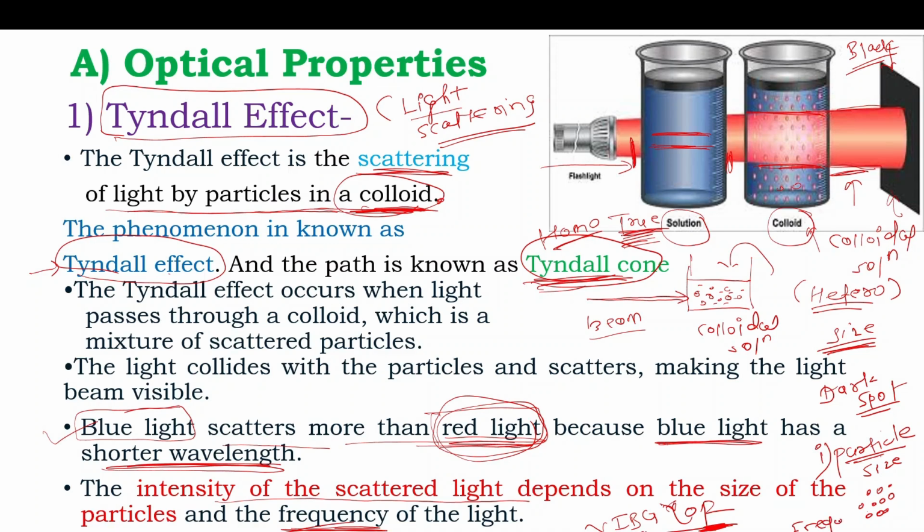When a high intensity beam is there, there is high scattering in that colloidal solution. Low intensity beam, low scattering of light. So mainly these two points, particle size and frequency of light, can affect it.